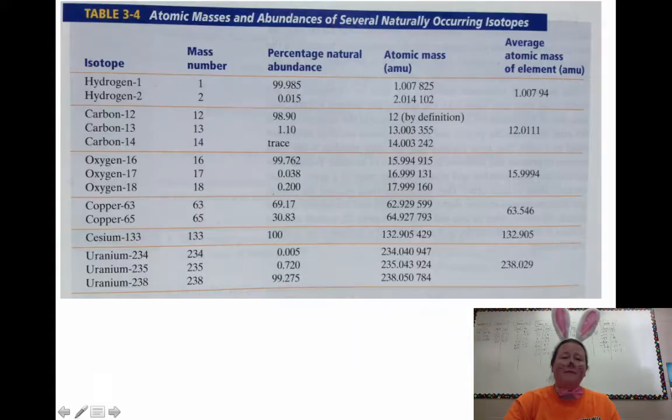Now on the next slide, we see a list of common elements and examples of their isotopes and what their relative abundances are. If you look at carbon-12, carbon-12 by definition has an atomic mass of 12.